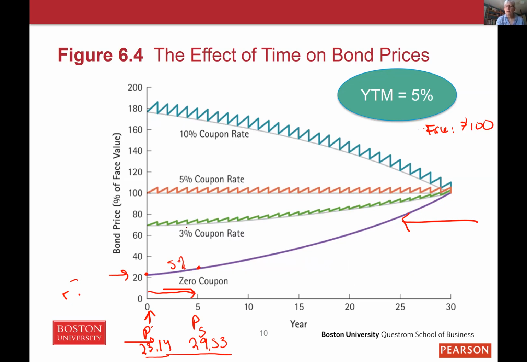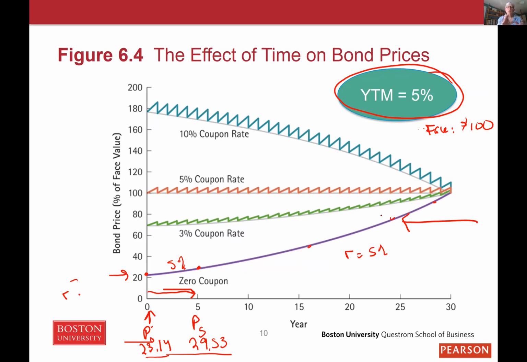And you could buy and sell it anywhere along this line, and if the yield to maturity stayed at 5% for the entire time, your return anywhere on this line would be 5%.